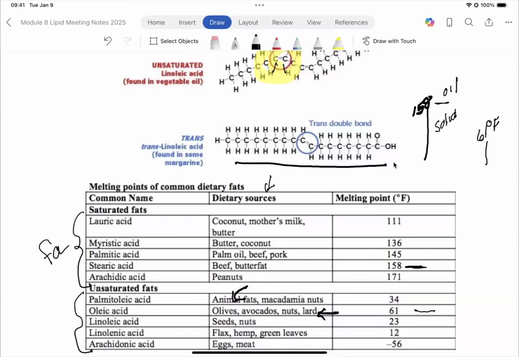So the length of the chain also is going to make a difference. If we look at coconut milk, for instance, coconut is actually a solid. It's a saturated fat, but it's also liquid at room temperature because it has a short chain fatty acid.